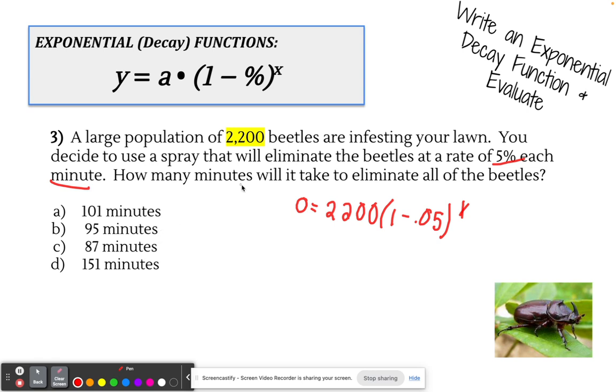Since it's multiple choice, I would suggest plugging them all in, seeing what works. If I use 101 minutes, it says I will have 12 beetles left after 101 minutes. That to me tells me that I want to go up. So I'm going to do 151 minutes, because if I have 12 after 101 minutes, I'm going to have more than 12 after 95 minutes.